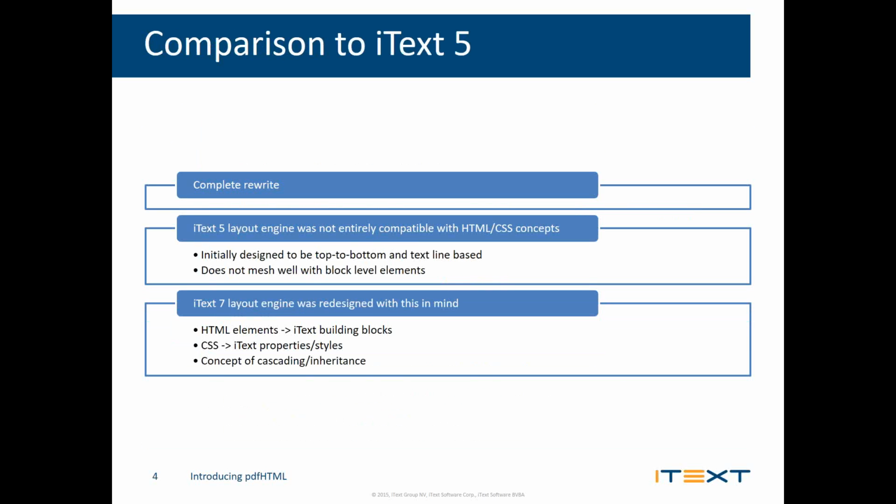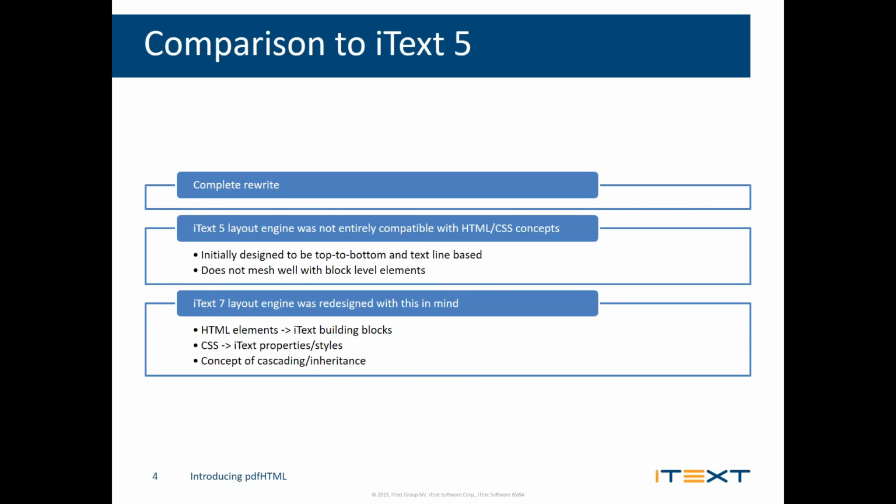So when we redesigned the layout engine for iText 7, we just took HTML as a model. So HTML elements are directly the basis for most of iText's layout building blocks. Same thing for CSS. So the iText properties and styles are directly modeled on, or closely similar to, a lot of CSS attributes.